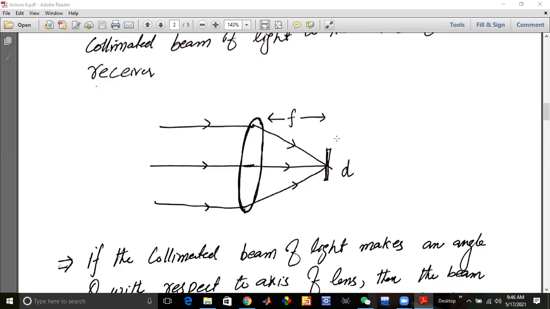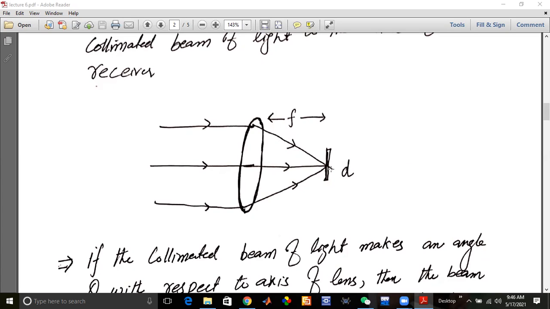When we place the photodetector at the focal point, it is the property of the spherical lens that when light falls on its surface parallel to the principal axis, it focuses the light in a point, and this point is called the focal point.